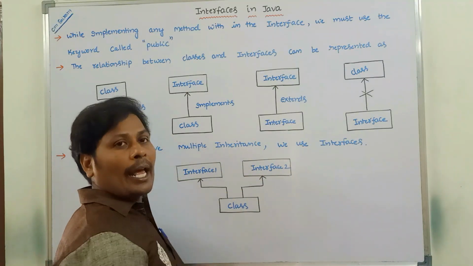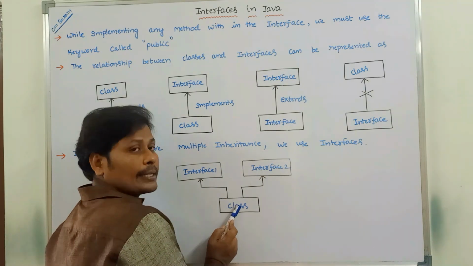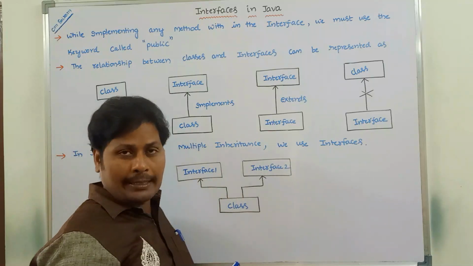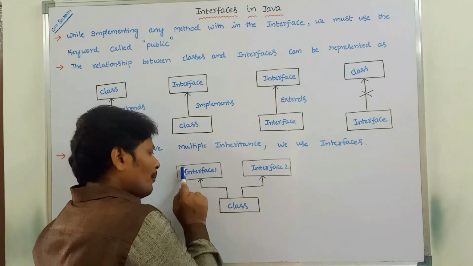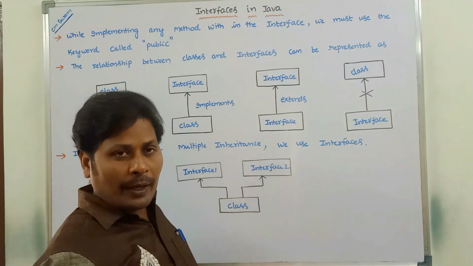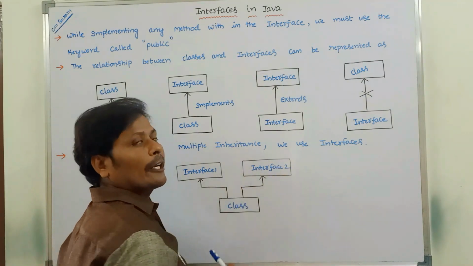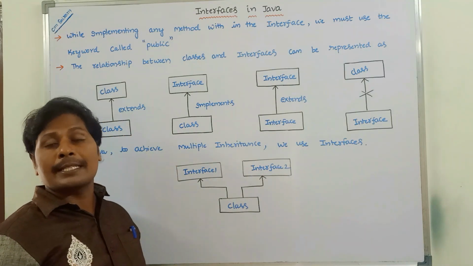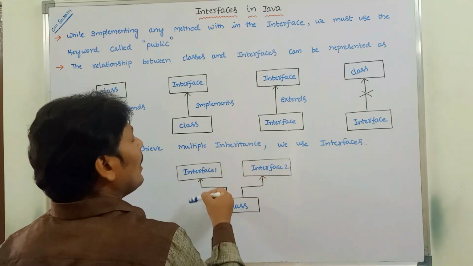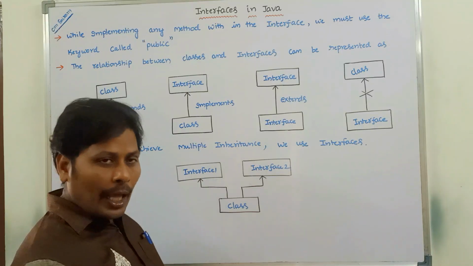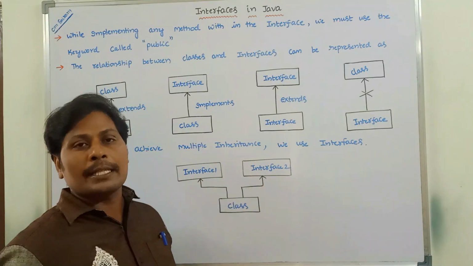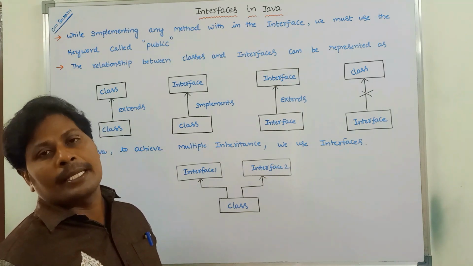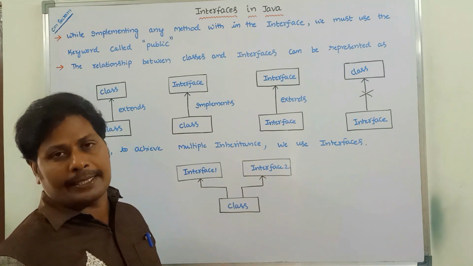This is the derived class, so this derived class can acquire the properties from two base classes. Here base class 1 is interface 1 and base class 2 is interface 2. At that time, we have to use the interfaces concept for achieving multiple inheritance. Now, we can go for one example program on how to implement multiple inheritance using interfaces.